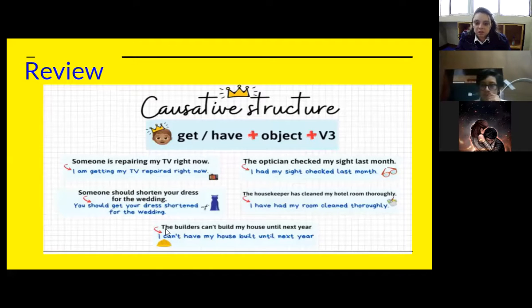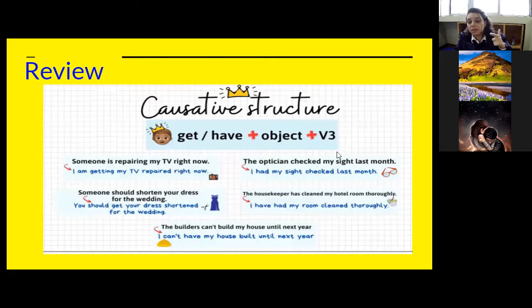The causative structure: first you have to write the person that you're talking about, then you choose if you use get or have, then the object, and then the verb in the third form. And here you have some examples. I'm going to give you 1 minute to take a screenshot, or if you want to copy it. If you have it, it's better for you, okay?